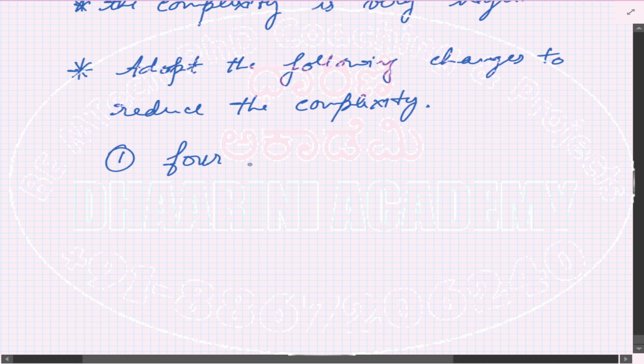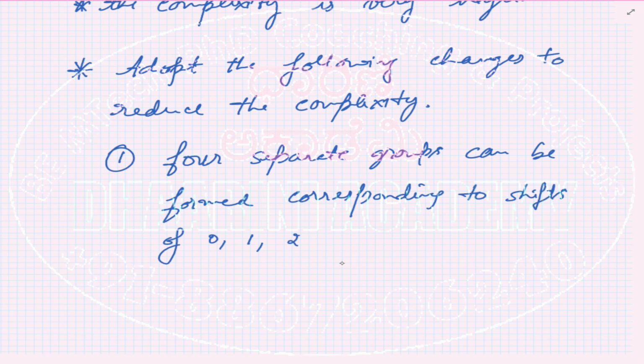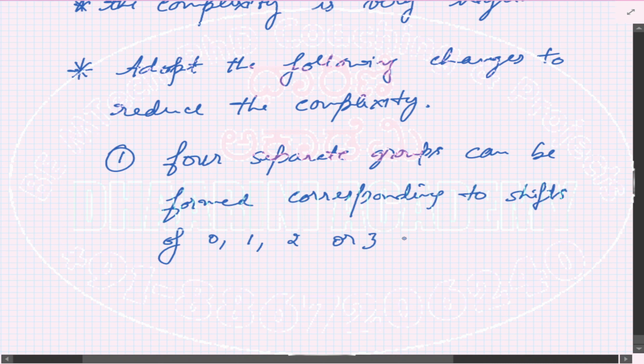You have to make 4 groups, right? 4 separate groups can be formed corresponding to shifts of 0 bits, 1 bit, 2 bits, or 3 bits.